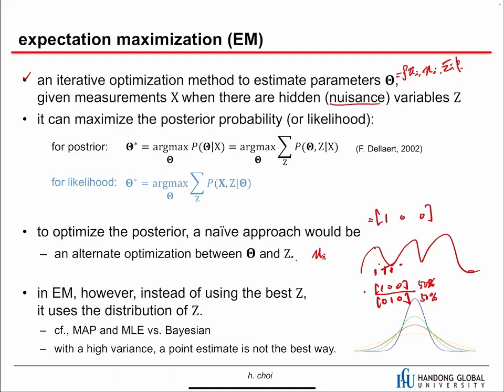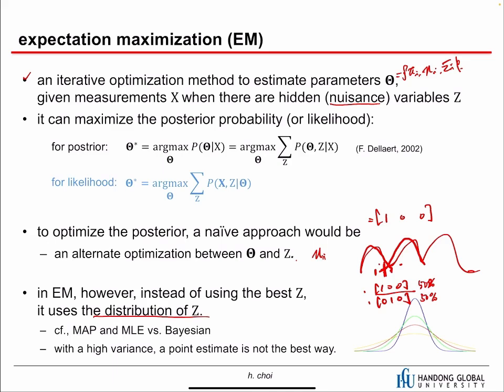So instead of using the best one, think about this point. For sure, the first component is the best choice, but the second component has something to do with these samples, with some probability. So instead of using the best shot, we use the distribution of z.